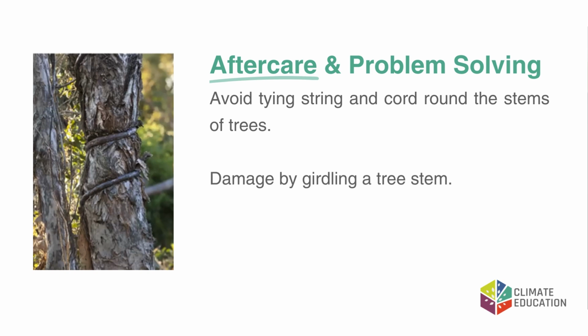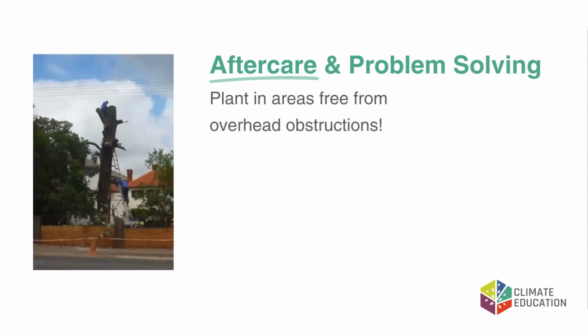They tie the decorative item onto the tree using cord, and if the tree has something tied round it, it will damage the bark, and over time the tree will grow round the item. And after we finish the presentation, I can demonstrate that with some props I have.